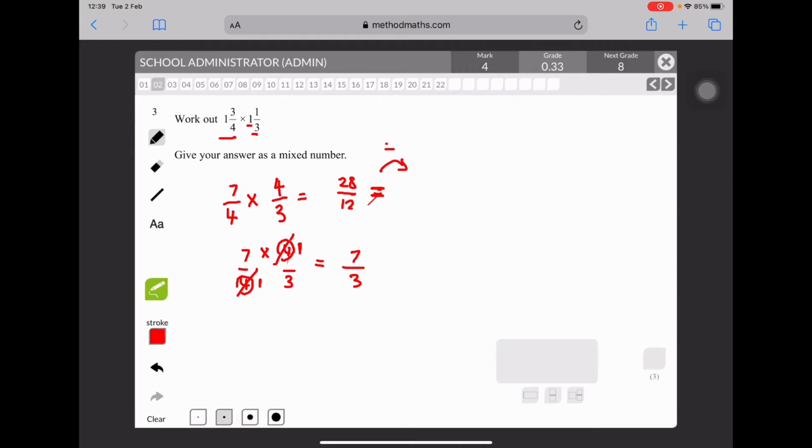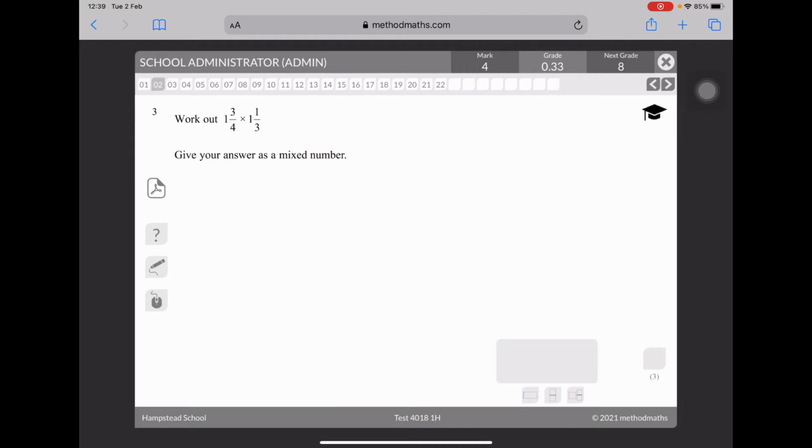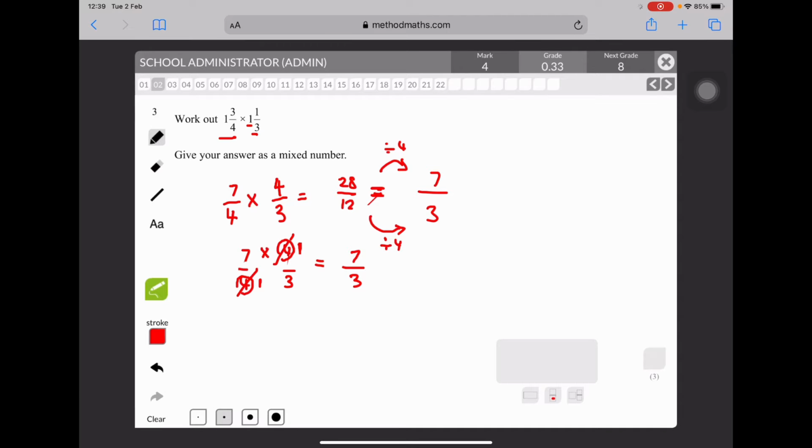Divide by 4, 7, divide by 4, 3. So our answer here will be, okay, let me write 7 over 3.